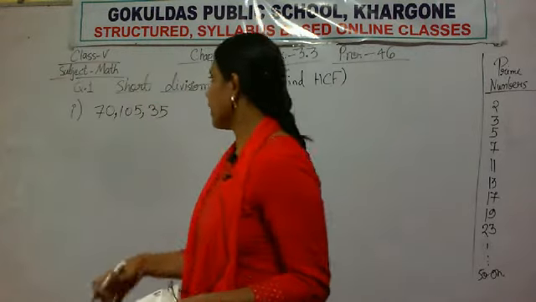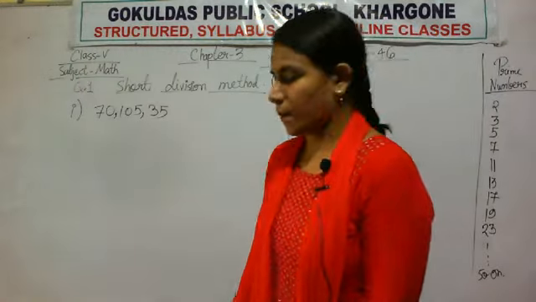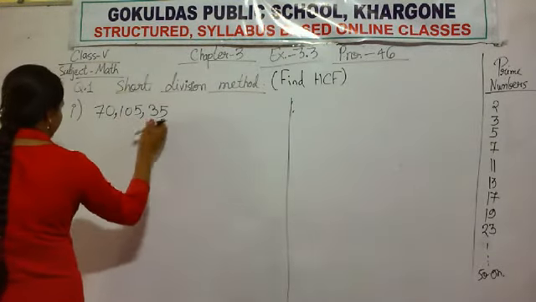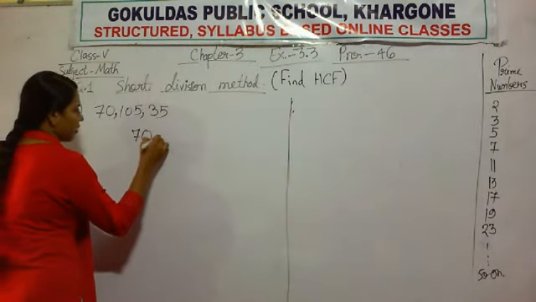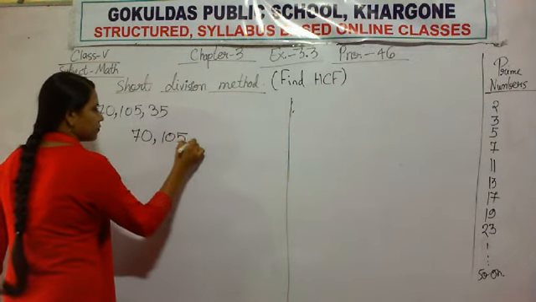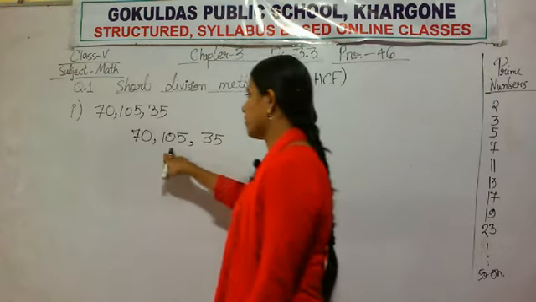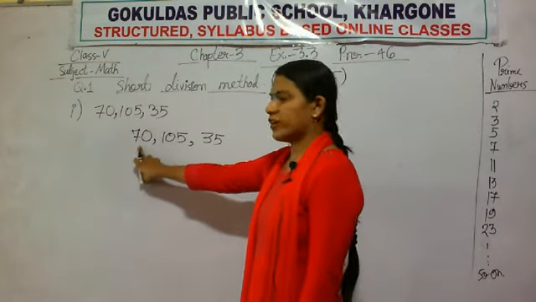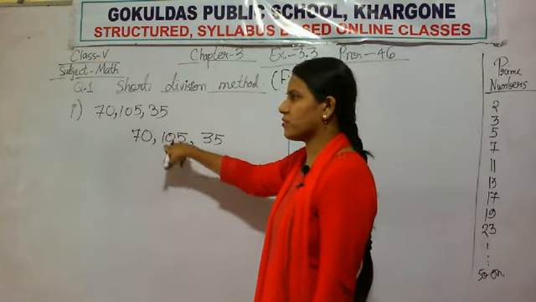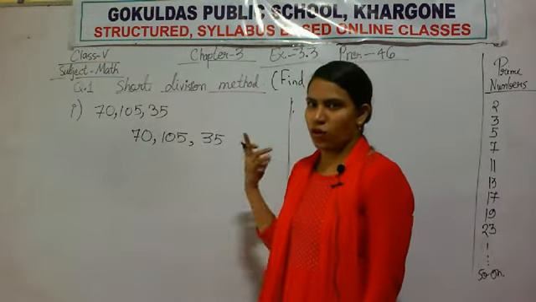Okay. We have three numbers: 70, 105 and 35. So we will write them in the form of division. Right. Now observe that of our three numbers, 70 is even, 105 is odd and 35 is also an odd number.